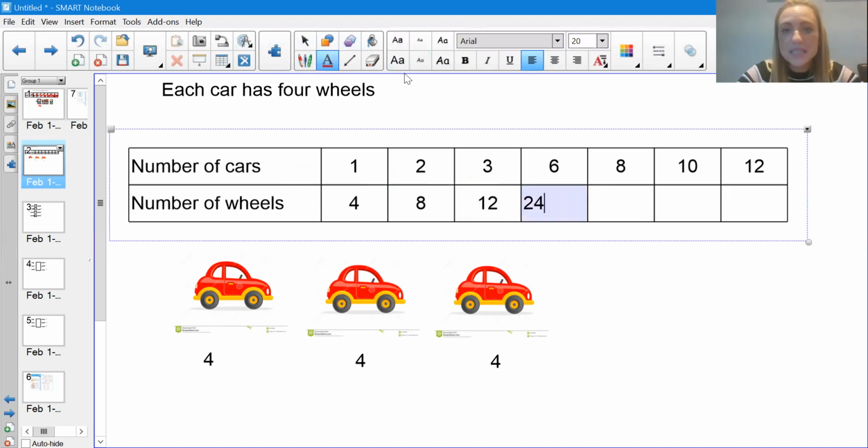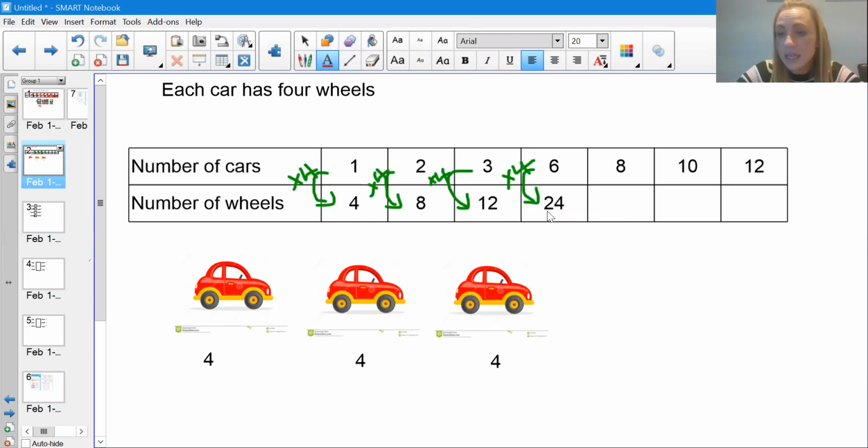So a mistake that some people might have made is, instead of putting the number 24 in here, they may have just added 4 onto 12 and put the number 16. But that would not have been correct, because 16 wheels would be if I had 4 cars. Here I've got 6 cars. So we must read the number of cars very carefully, and we can't assume that the number of cars is going up by 1 each time.